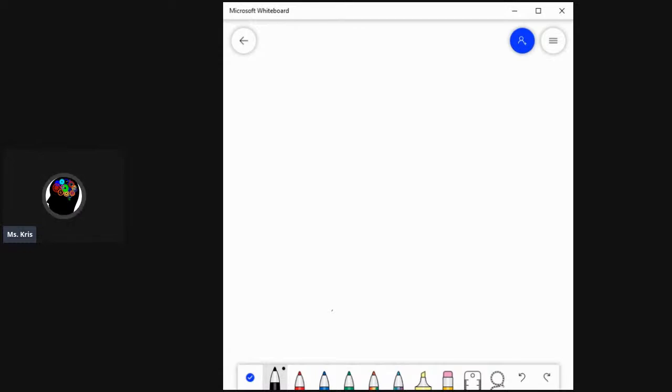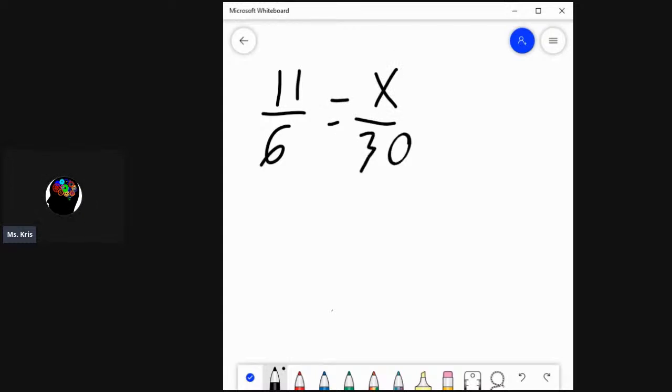So, solve the proportion if 11 over 6 is equal to x over 30. Now, to solve this proportion, I will multiply 6 times x, and I will multiply 11 times 30.